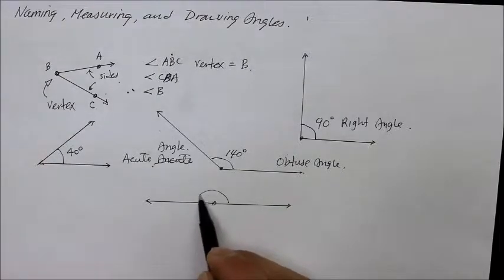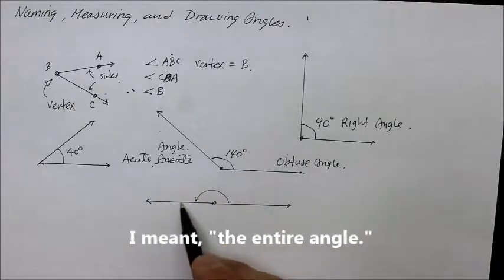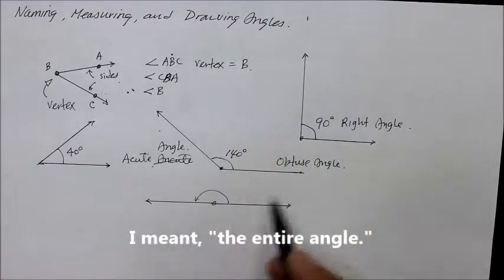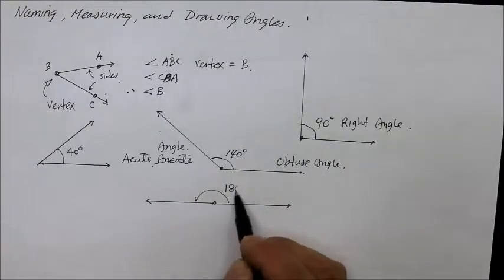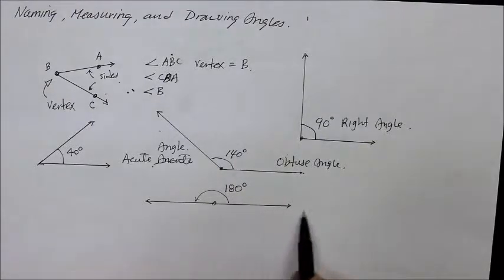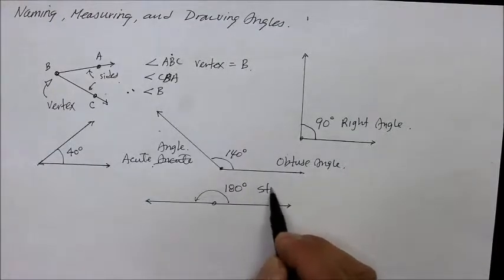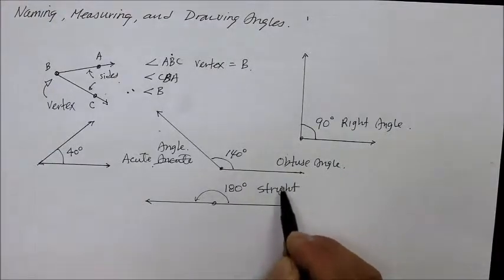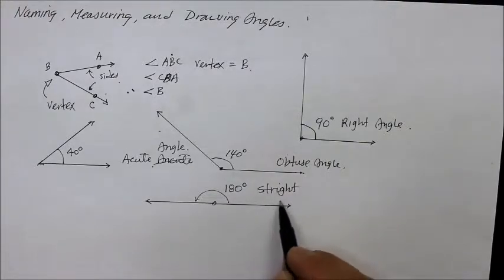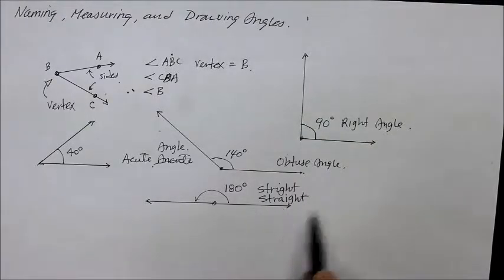Well, then the whole distance from the base of this angle to the extended part of the angle is 180 degrees total. 180 degrees basically is a straight line, isn't it? So in fact, that's what we call it. This is called a straight angle. Not strait, S-T-R-A-I-G-H-T. Hooked on phonics. Straight angle.